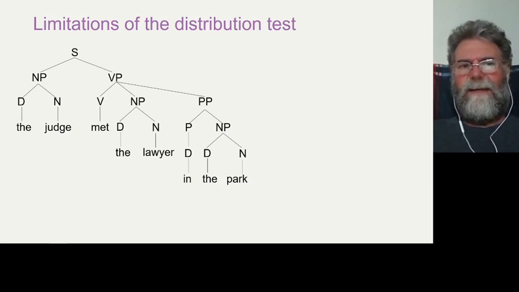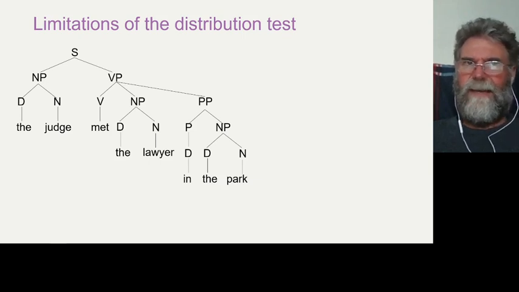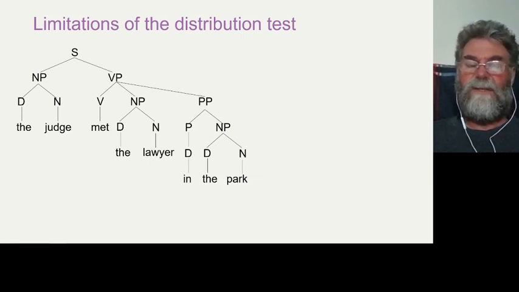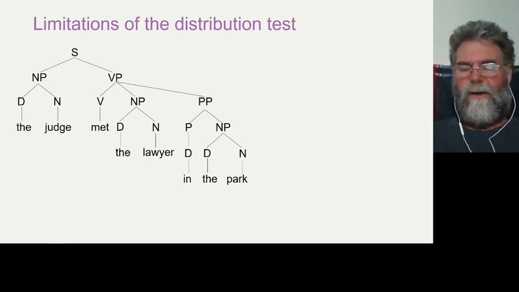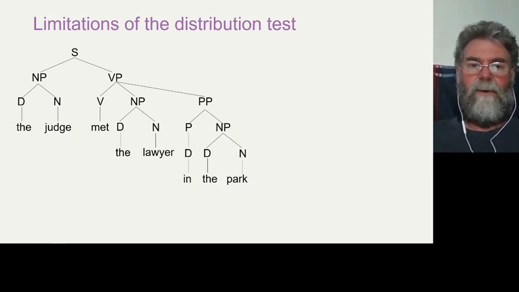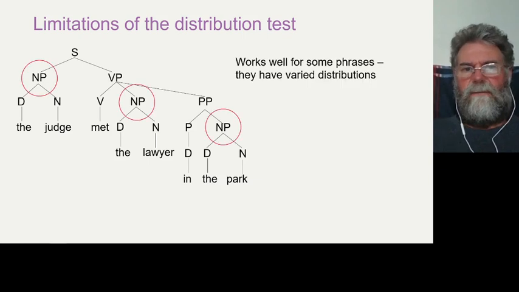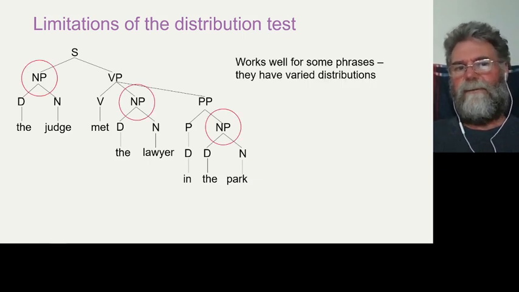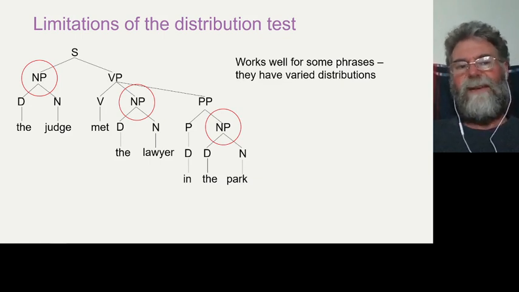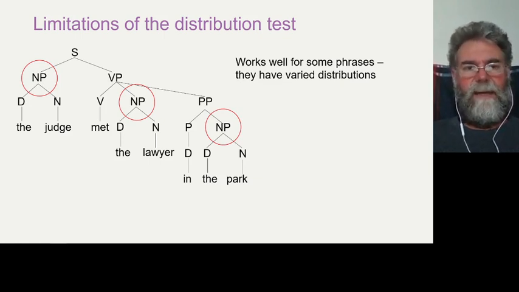However, that said, we have to admit that this particular test itself is limited to some degree, inasmuch as it's very good for identifying certain phrases, but not necessarily for others, for the simple reason that some phrases do tend to have quite varied distributions. For example, we've already seen that noun phrases have quite varied distributions. We can find them in subject position, in object position, or inside prepositional phrases, and various other places elsewhere.